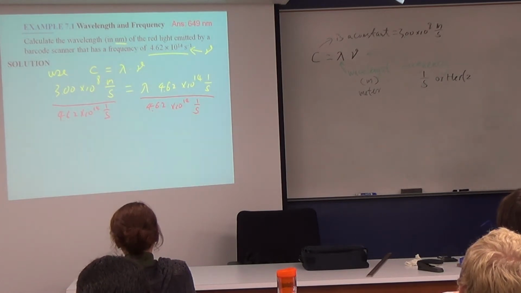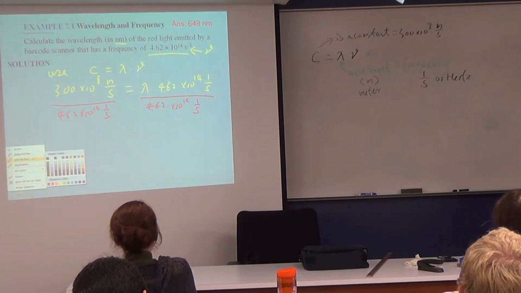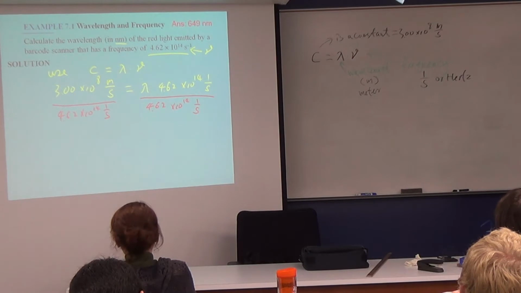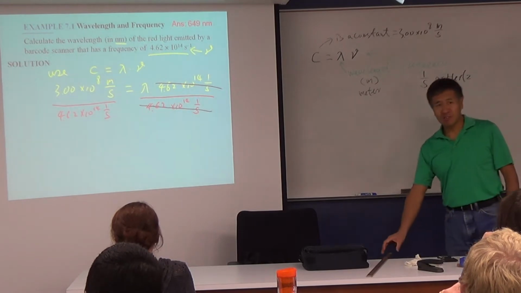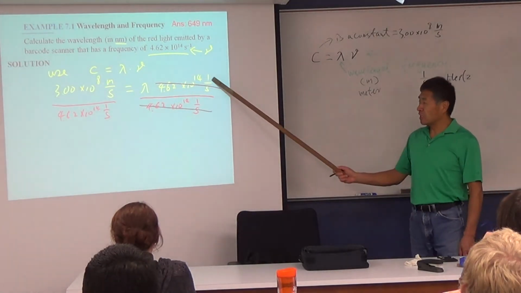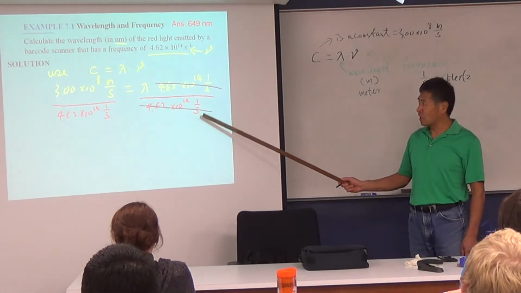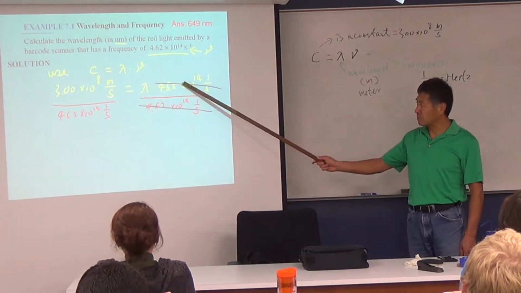And now what happened is this comes out with this. Everything comes out, okay? Which means the number comes out. Also the unit comes out. 1 over second comes out with 1 over second, and the same number.